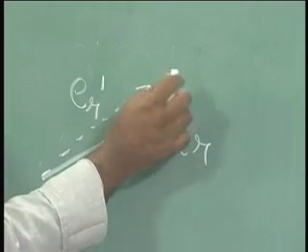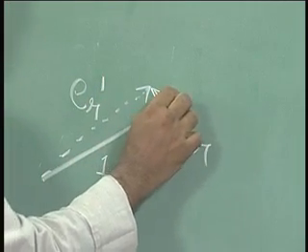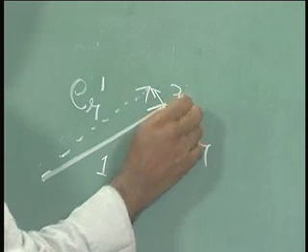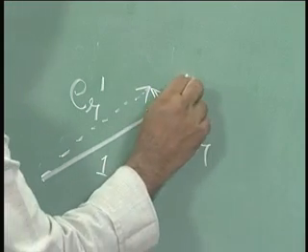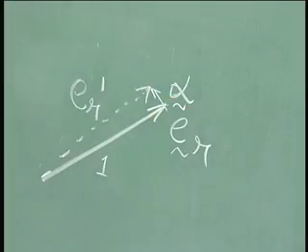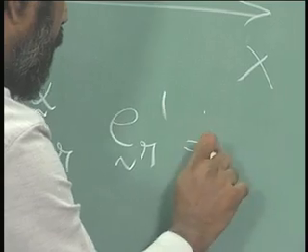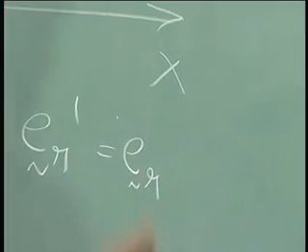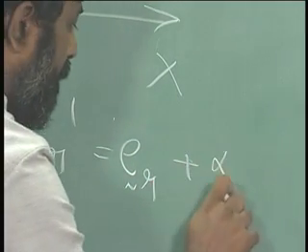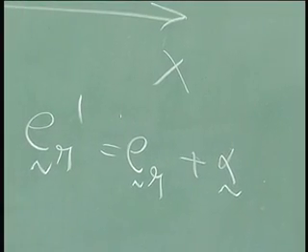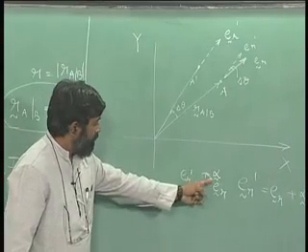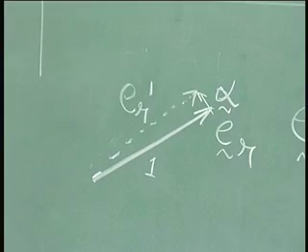If I take this as, let us say, alpha vector, then I can write ER prime vector is equal to ER vector plus alpha vector, right. ER plus alpha is equal to ER prime. Okay.